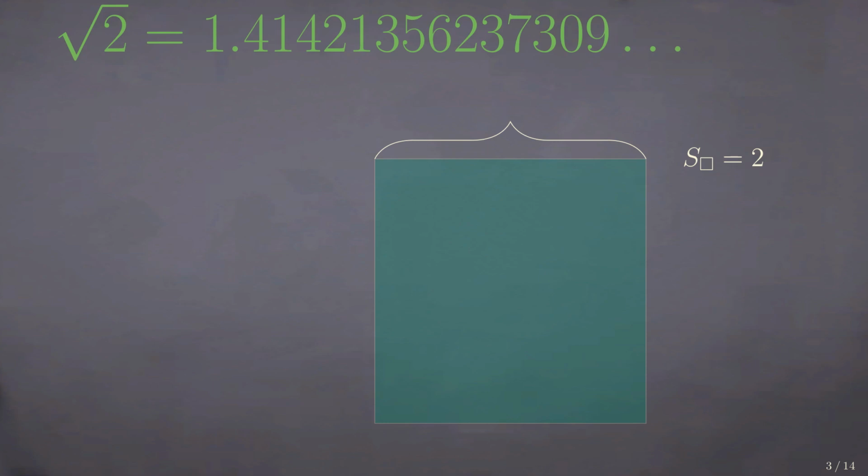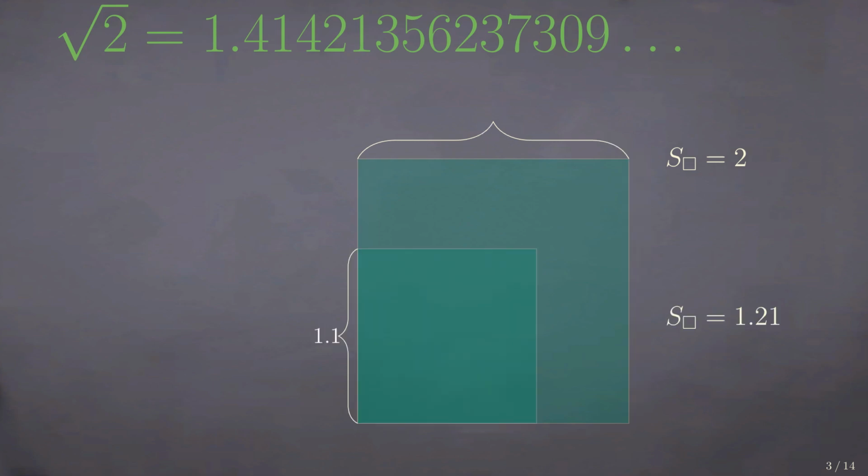Say for example, if you choose 1.1, then the square of 1.1 is 1.21, which is less than 2, and quite far from 2. But if you increase 1.1 by 0.1, you get 1.2. Now the square of 1.2 is 1.44, which is closer to 2 than 1.21.